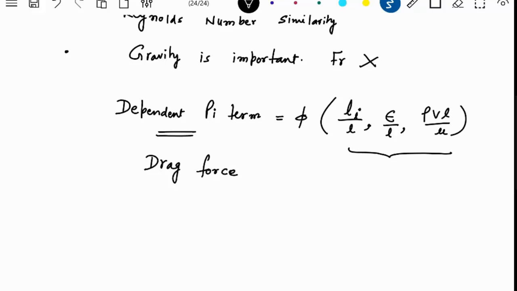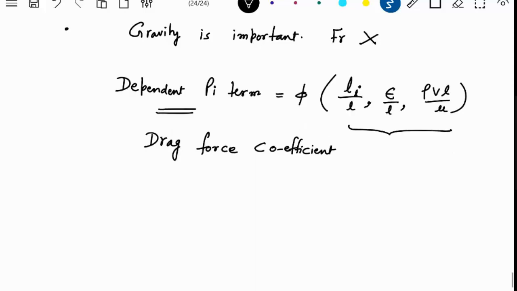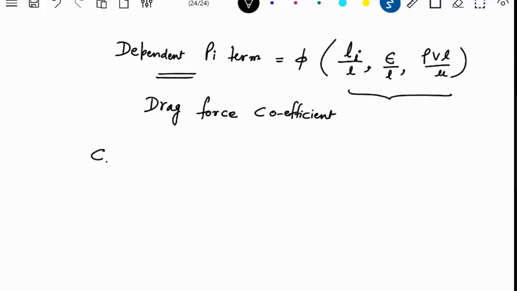Now drag force has the unit of force, so we need to non-dimensionalize it. So we will consider the dependent pi term as the drag force coefficient, because we need to non-dimensionalize things.